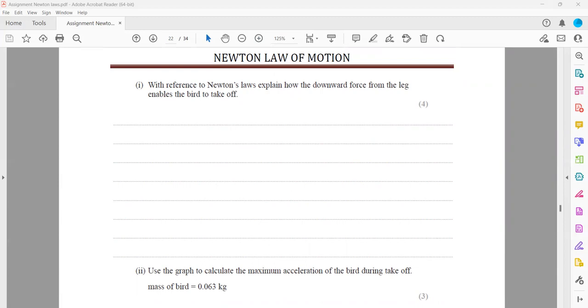And that force is more than the weight, so that will create a resultant force. And because of this resultant force, the bird will accelerate upward.